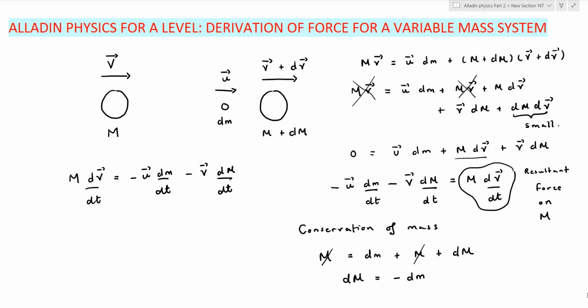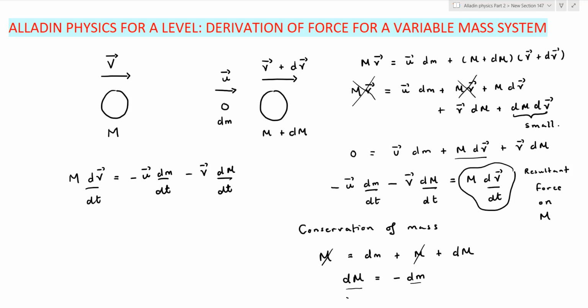And this is true because dm by definition is an increase in capital M. So the increase in capital M should be the negative of the increase in small m. Because if you are emitting mass, then automatically it means your mass is decreasing. The capital M should decrease. So if dm is negative, it means that the mass is being absorbed. Then d of capital M will be positive, meaning the mass is increasing.